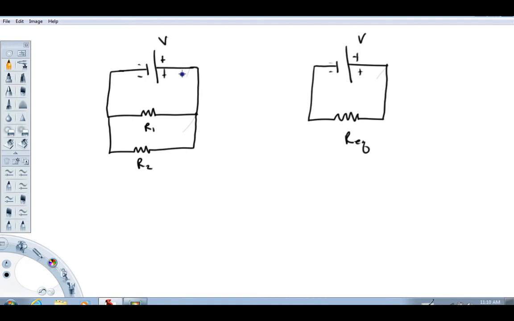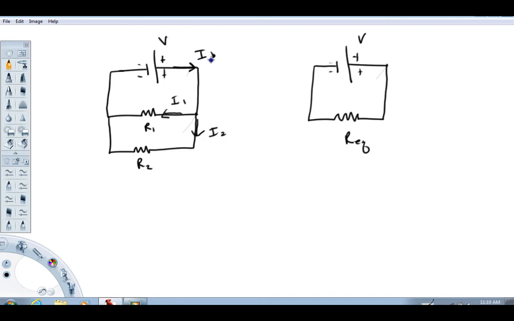If I were to draw currents in this picture, I'm going to draw a current here. I'm going to call that one I sub B. That's the current coming from the battery. I'll draw a current here, I would call it I1, and a current here, I2. Before I move on, it's important to know some things about these currents.